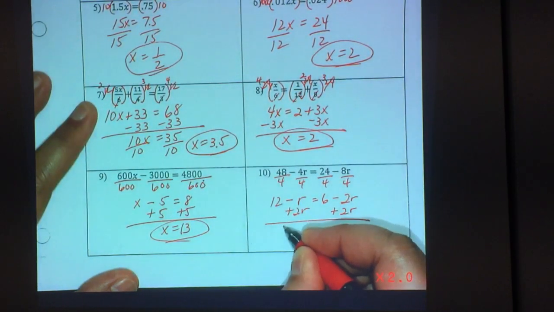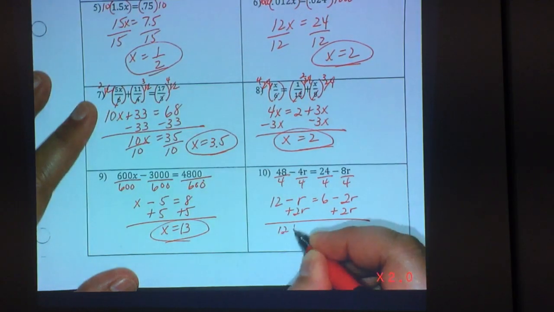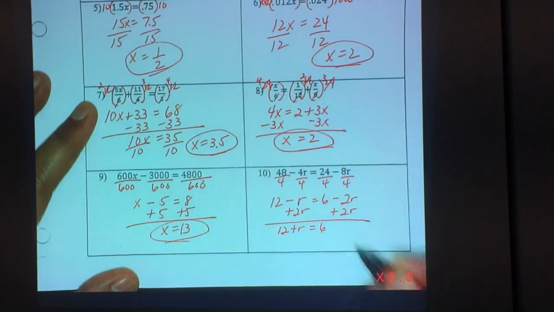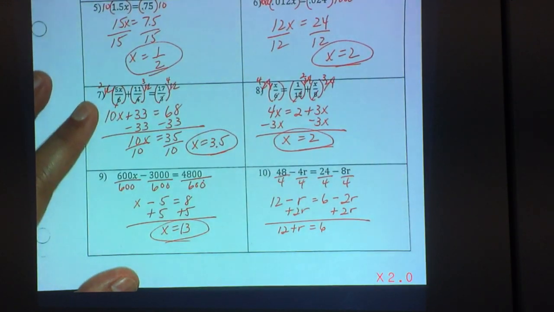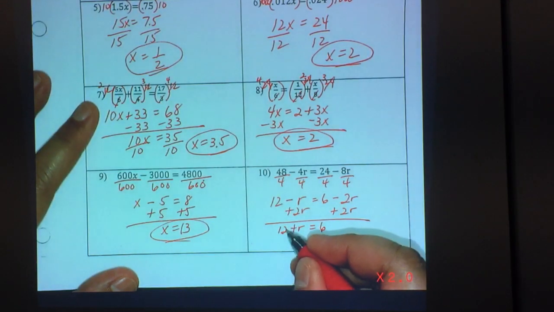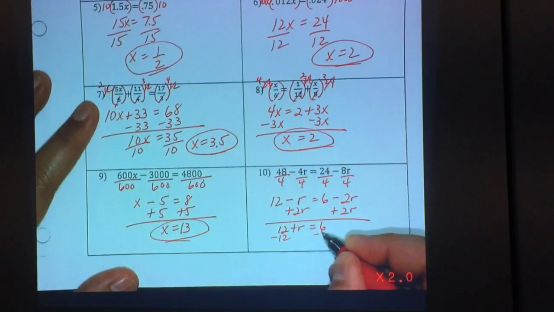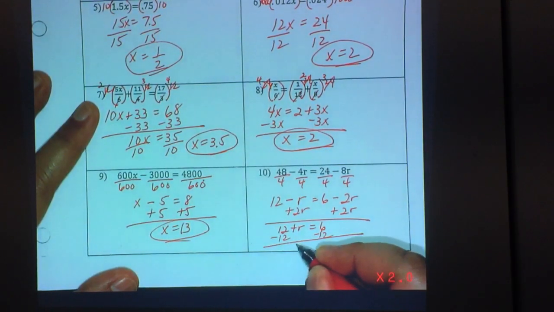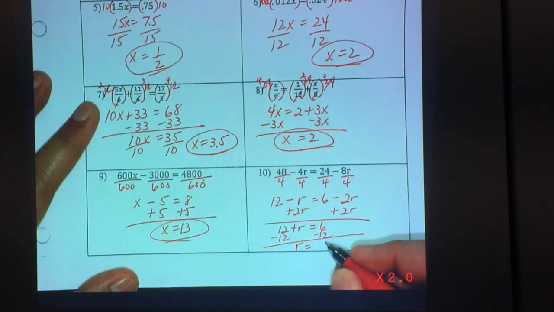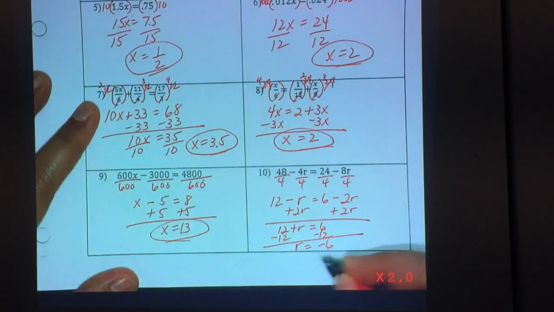So we get 12 plus r equals 6. I want the r, the variable, on the left-hand side all by itself, so I have to get rid of the 12. Minus 12, beg your pardon. So we get r equals, what's 6 minus 12? Negative 6.